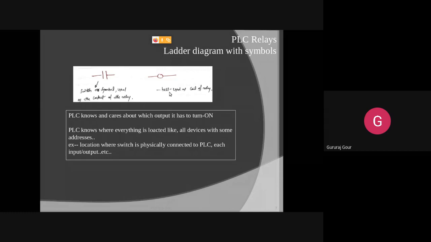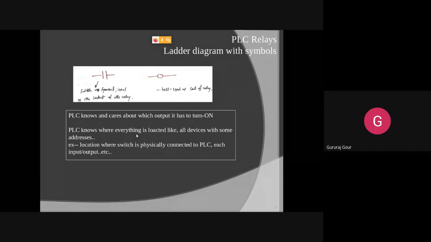So the coil of the relay is indicated by the circle and the contact is indicated by the two parallel plates. PLC knows and cares about which output it has to turn on. We have to feed that with the help of programming using these symbols. That we'll see very soon.